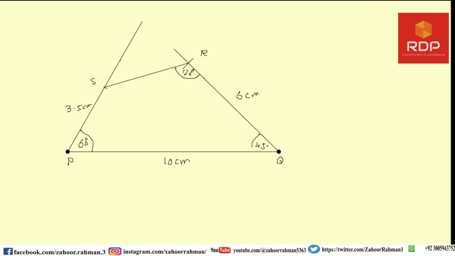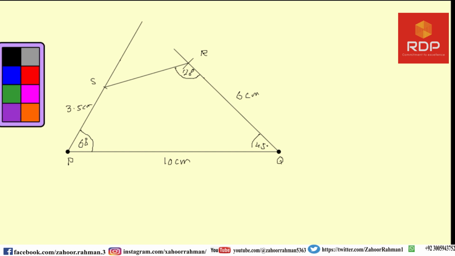The next part is saying that find the length of PT. But for T we have to find first the perpendicular bisector of QS.